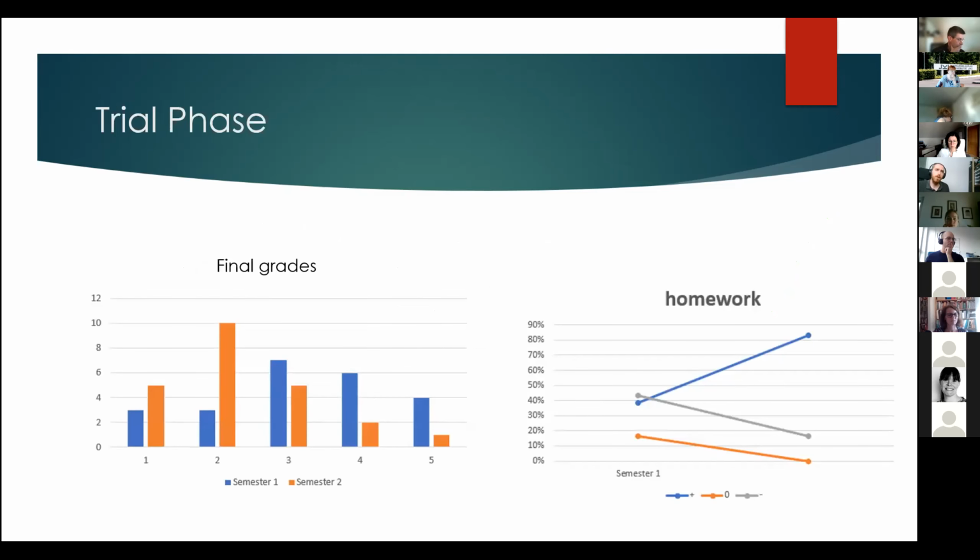In one class, I already analyzed everything, and you can see the final grades were rising in the second semester from an average of 3 to 2. And if you teach, homework is a special thing. Not every student is willing to bring homework.